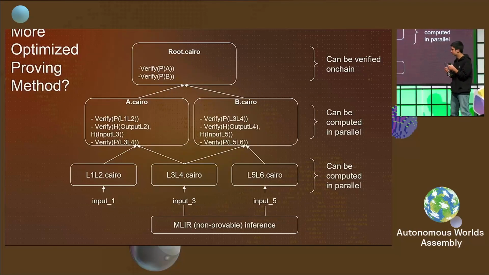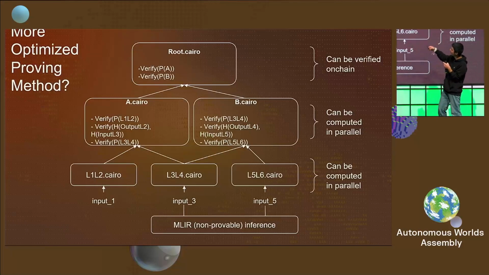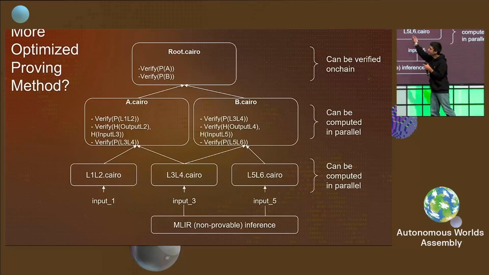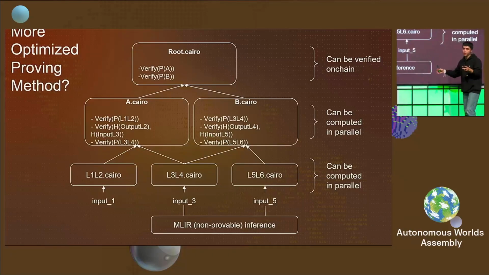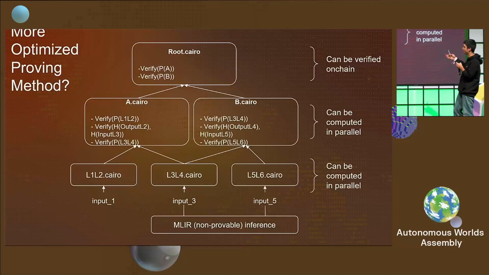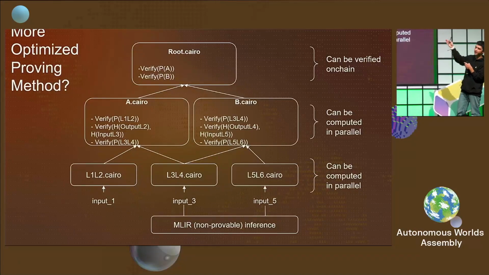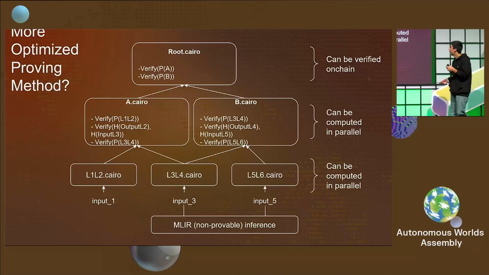What that allows us to do is that we can parallelize what happens. What we can do is we can parallelize all these different provings in different containers. So rather than waiting for L1, L2, L3, L4, we can run L1 to L2, L3 to L4, and L5 to L6 on their own.